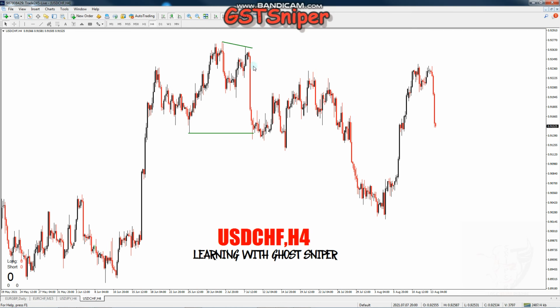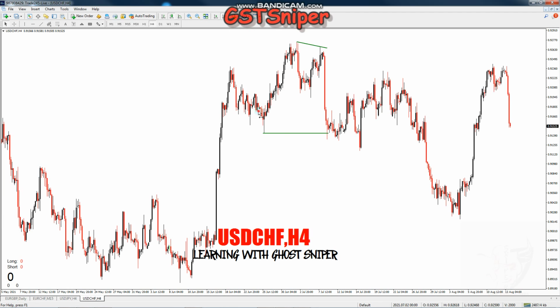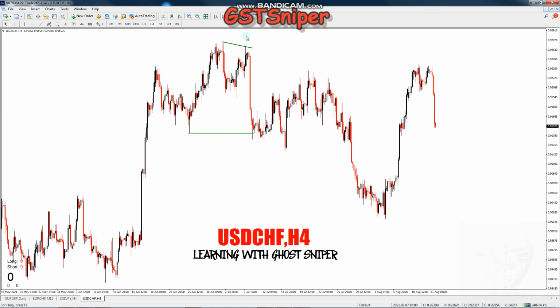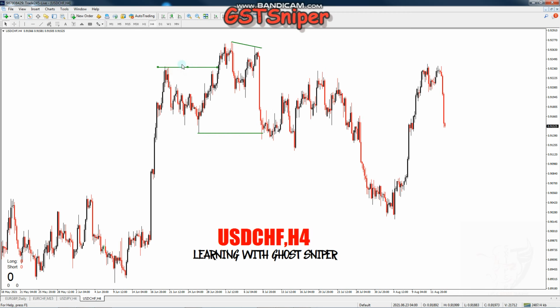Price was going up, creating new higher highs, and we were expecting this swing to go up and give us a new high. Instead, price failed and shot down to give us a new lower low. So this gave us a signal of the market structure shift.